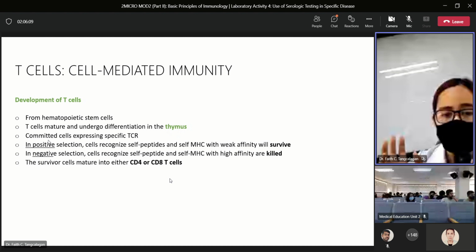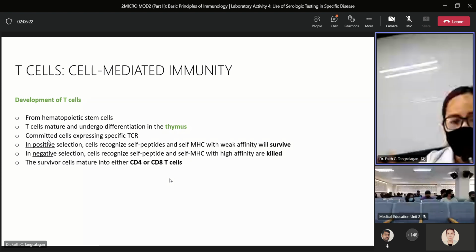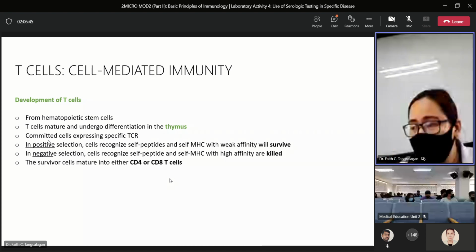During negative selection, the T cells that recognize self peptide and self MHC with high affinity are killed because they have the potential to develop autoimmunity. They would attack the normal self cells. So those are the ones that should be killed.